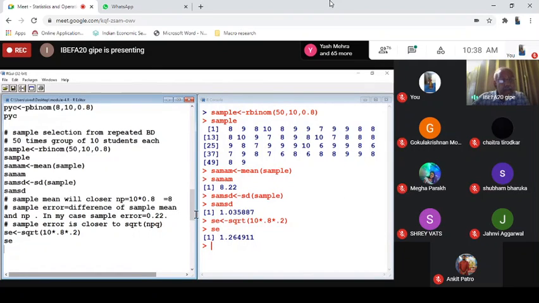In the sample data, the mean is 8.22 with an error 0.22. So my sample mean is near to 8. 8 is the mean defined by the parameter n into p.